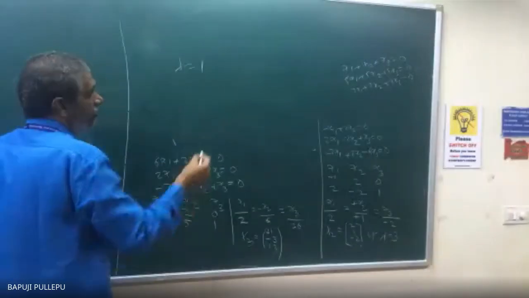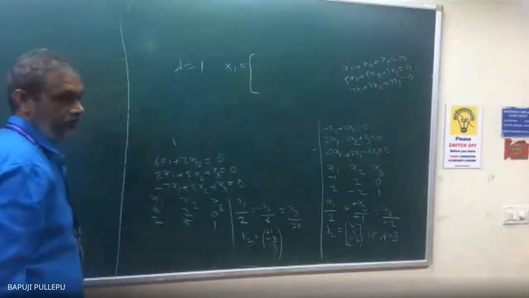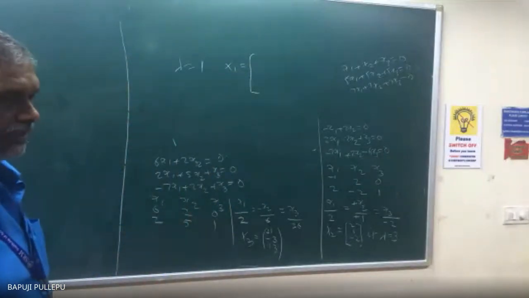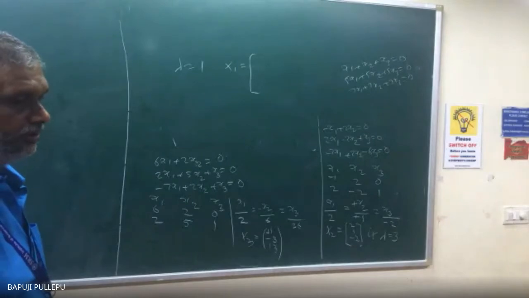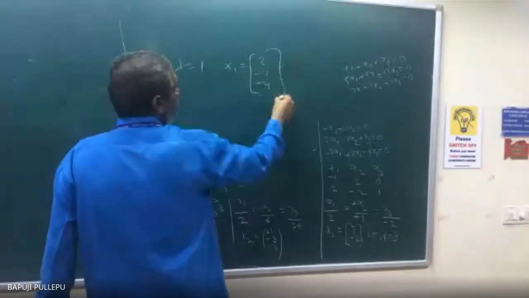When lambda is equal to 1, the eigenvector is what? 2 minus 1 minus 4, or minus 2 1 4.